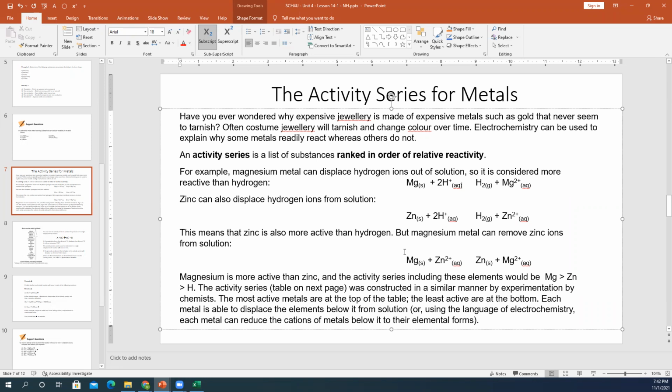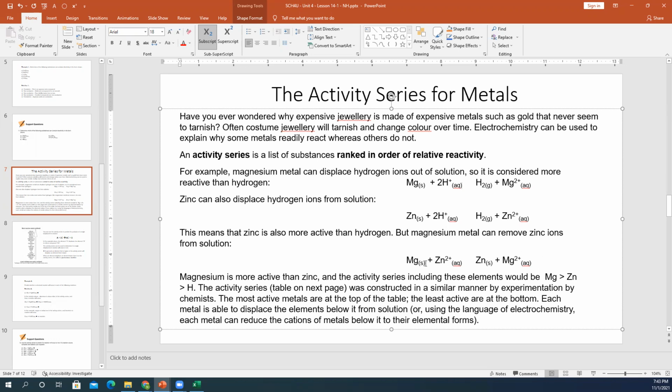But for example, a metal like magnesium can remove zinc ions from solution. So if you have magnesium, solid magnesium atom, and you have zinc ions in solution, zinc in its aqueous form, magnesium can then displace those zinc ions from solution and cause them to come out of solution in the form of zinc atoms, metallic zinc, and then the magnesium itself will go into solution.